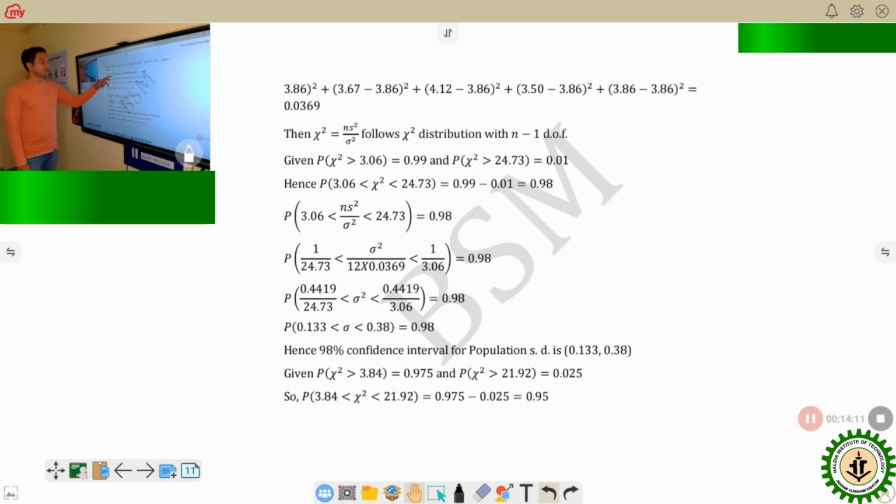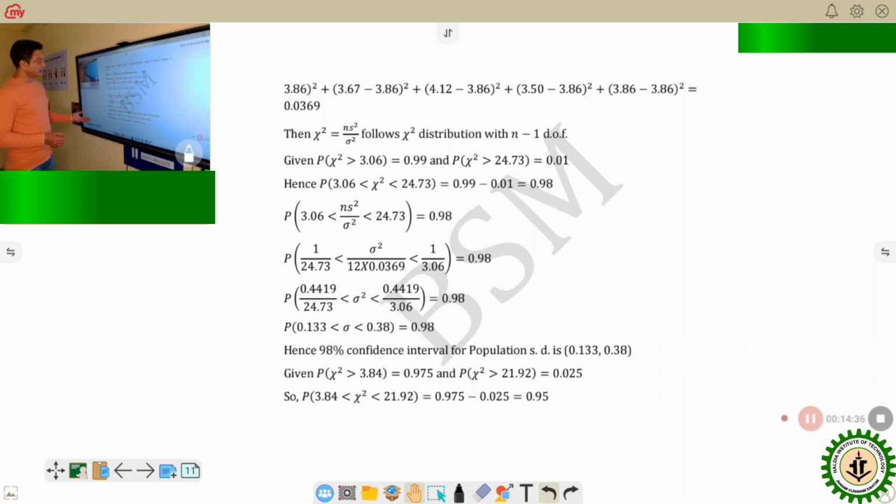Now chi square equals n s square by sigma square. The n value is 12, and s square equals this value. Put this value here. Now we will come to the given values. Chi square greater than 3.06 equals 0.99, and greater than 24.7 equals 0.01. So if we subtract them, from 3.06 to 24.73, it is 0.98.